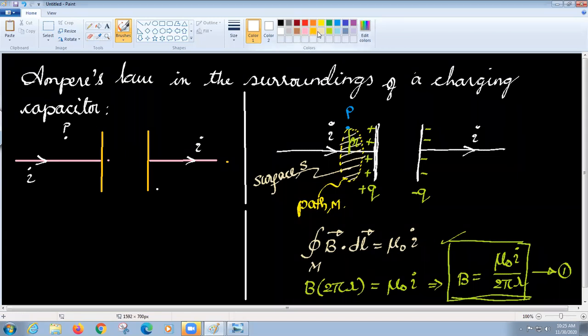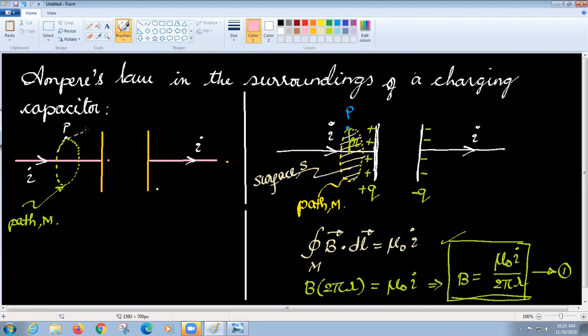So let me draw a path passing through this point P. Same story again. So this is again my path M. This time we will not take a surface which is resting along the path M. This time we will consider an inflated surface.